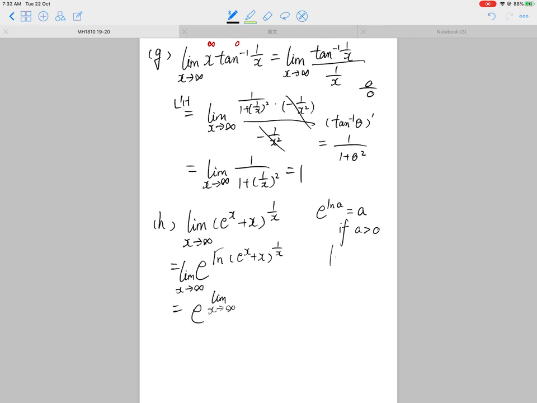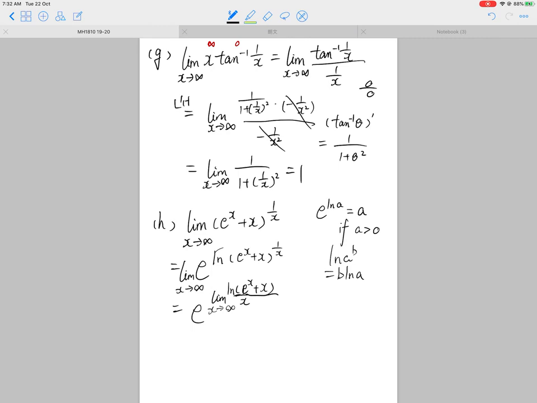Ln a to the power of b is b ln a. So it's 1 over x times ln of e to the power of x plus x.